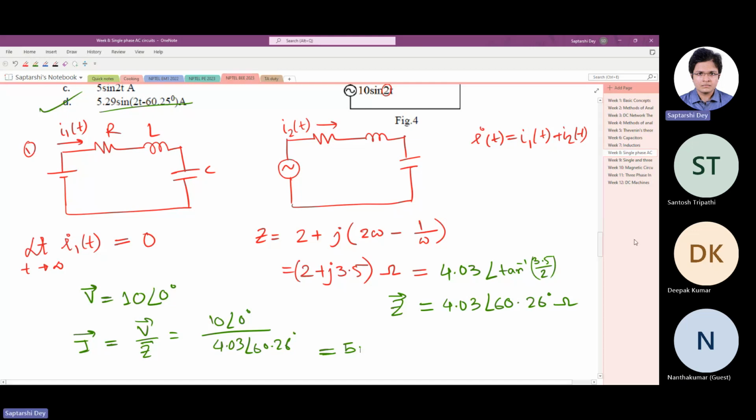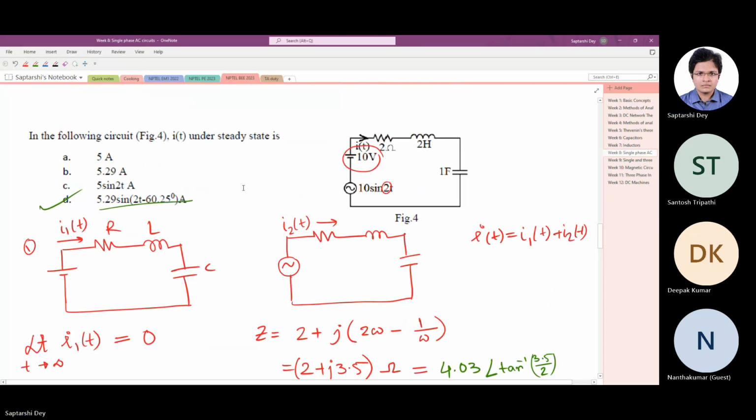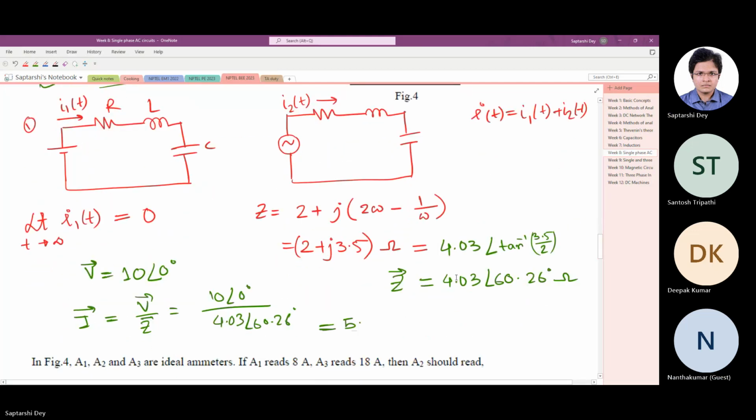Goodness, in the solution they have assumed there is a DC current. Wow. Anyway, it's good that we didn't believe them. So 10 by 4.03 is 2.48.